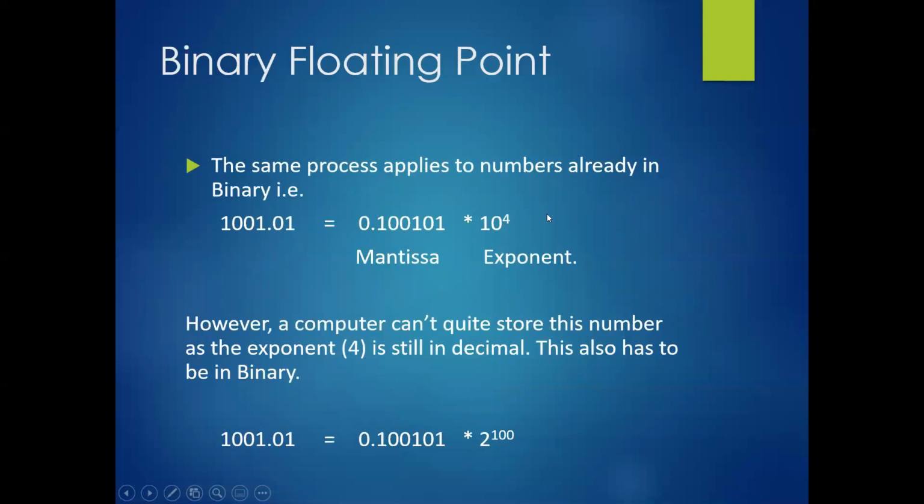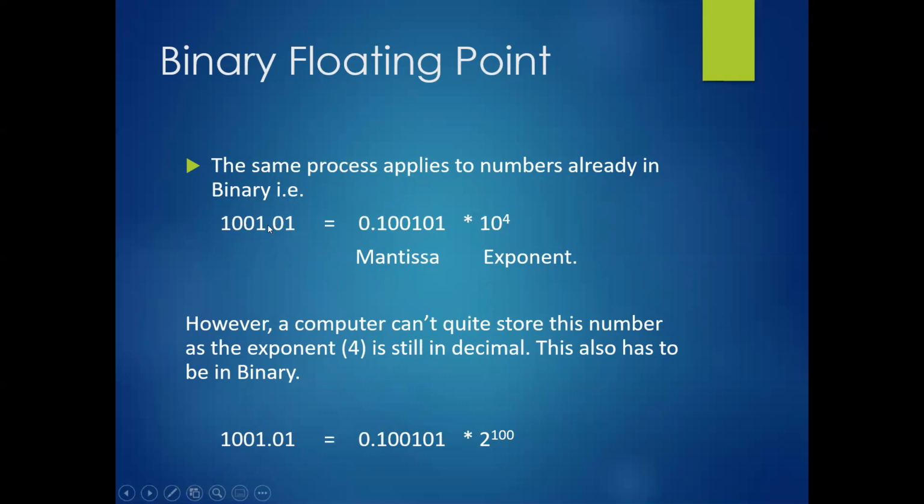Just for completeness' sake, I've shown you how it would actually happen with a real computer system, because as we know, computer systems can only store binary numbers. So we have a binary number here, 1001.01, which is 9.25 in the real world.